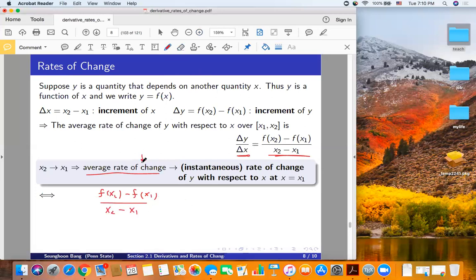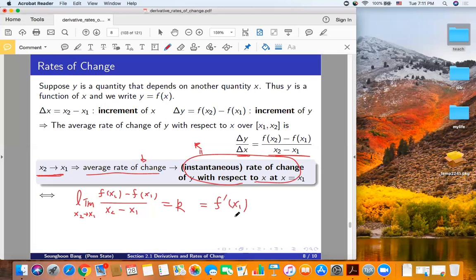What does approach mean? This is mathematical notation: the limit as x2 approaches x1. This is the exact definition of f prime of x1.